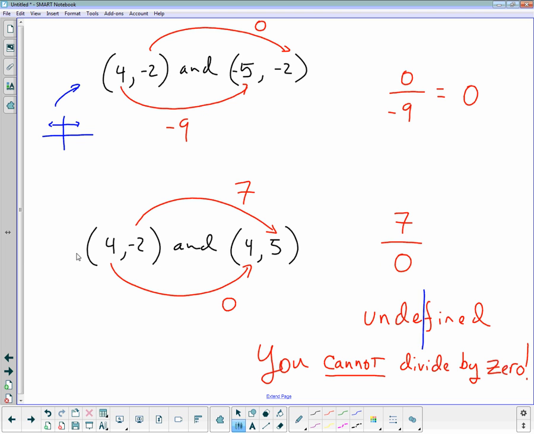This guy would be a vertical line. 0 slope, undefined. You always know you're dealing with undefined if you're dividing by 0, if your denominator's on the bottom. Okay? All right, how do we feel about all this?